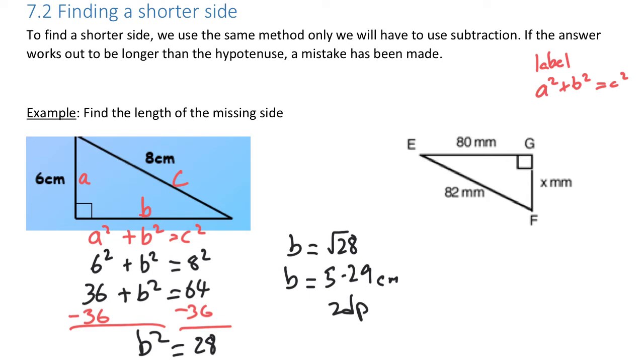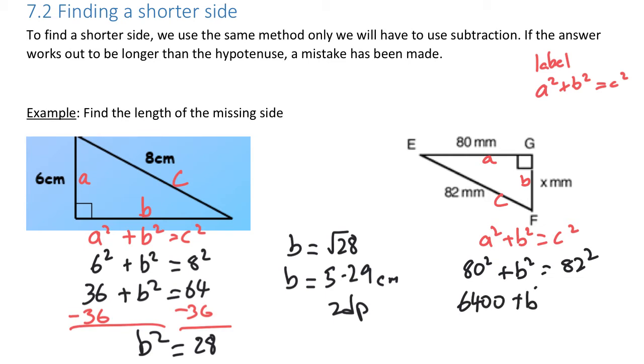In the next example then, we do the same again. So we're going to label the three sides. The hypotenuse is the one opposite the right angle, so that's 82 millimetres. And then a and b. So we've got a squared plus b squared equals c squared. We'll substitute in the values. So a was 80 squared plus b squared equals 82 squared. 80 squared is 6,400 plus b squared is 6,724.